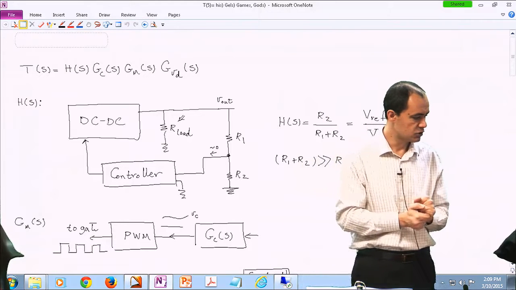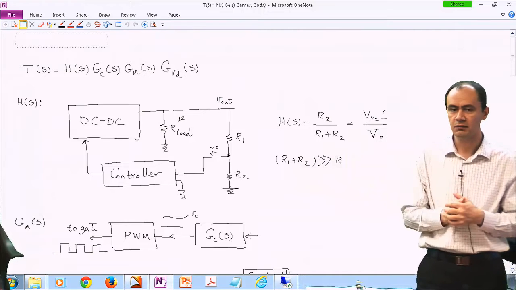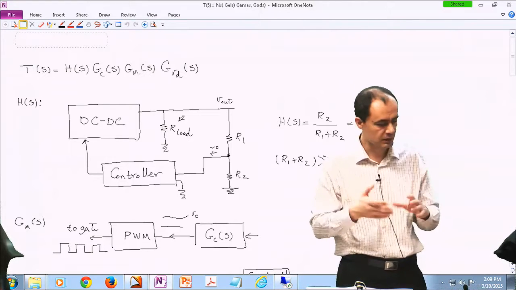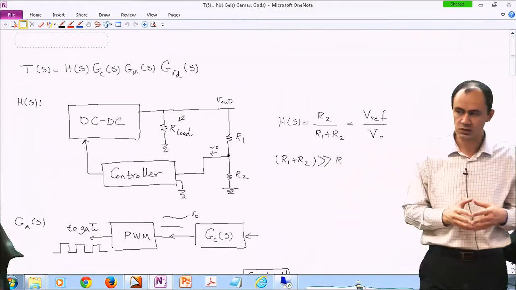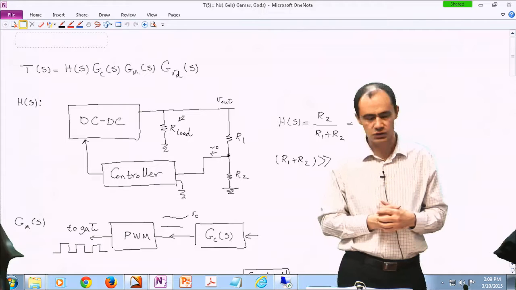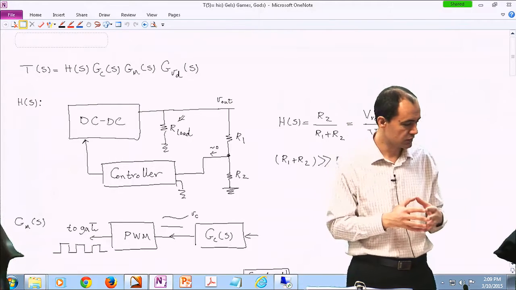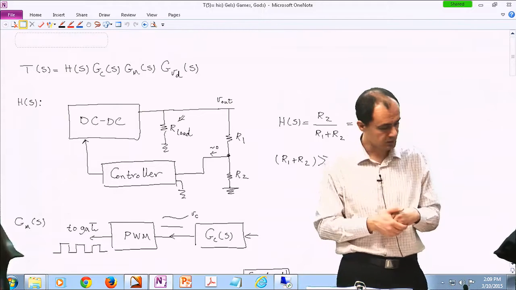And then G sub M, which is the modulation index gain, which is 1 over Vm, Vm being the peak value of that triangular waveform. It's usually 5 volts or something like that. And G sub VD is the duty cycle, or control, to output voltage transfer function of the particular power electronic converter that you're trying to control. In this case, we are using a buck converter or something like that.